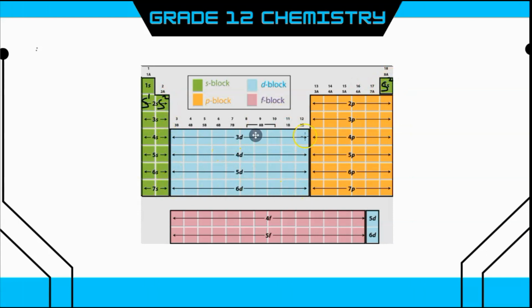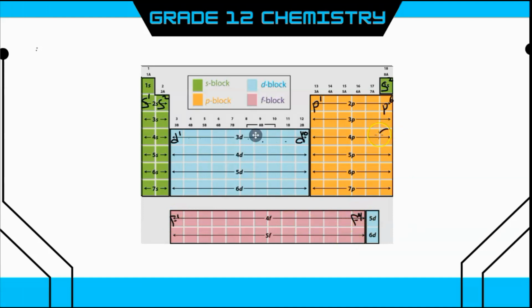This is our d block, so we've got our d1s, 2, 3, 4, 5, 6, 7, 8, 9, all the way up to our d10s. These are our p blocks, where we've got p1 all the way up to p6, and our f blocks are down here, where we have f1 all the way over to f14.